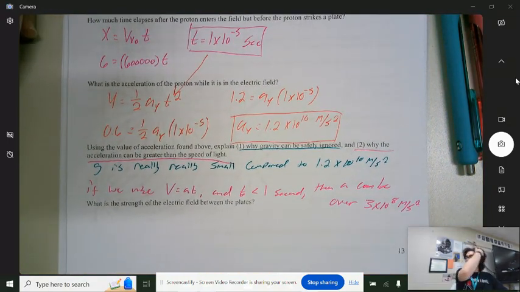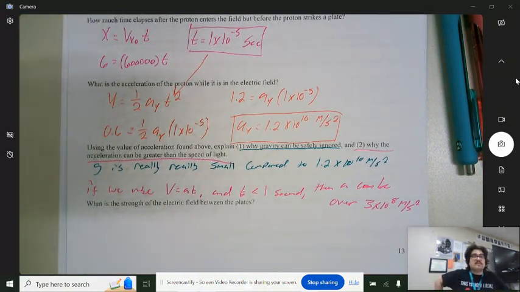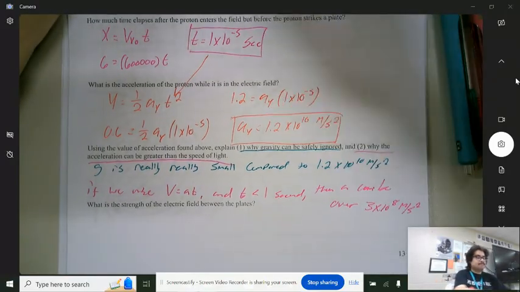Again, like I said, we're accelerating over this time of 1 times 10 to the negative fifth second. So the speed when it hits the plate is not going to be the speed of light. It can't be. Physically speaking, it can't be.